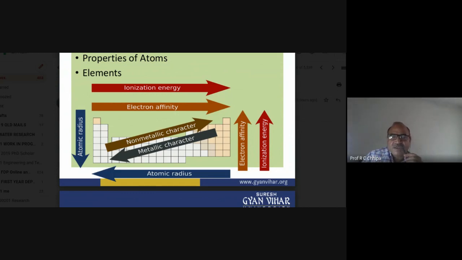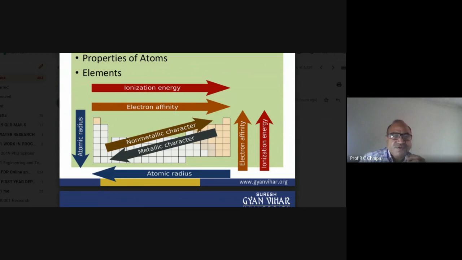Similarly, ionization energy is less in sodium and more in case of chlorine. So here the low ionization energy of sodium easily gives the answer that sodium can form the cation. So that's from where we get the information. That is the periodicity in different properties.